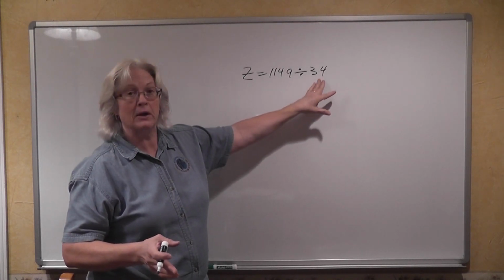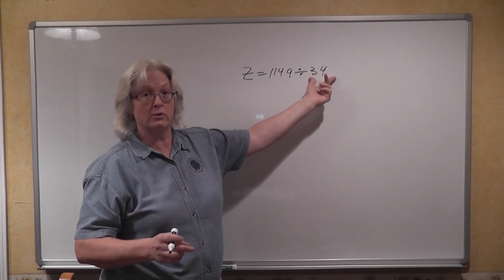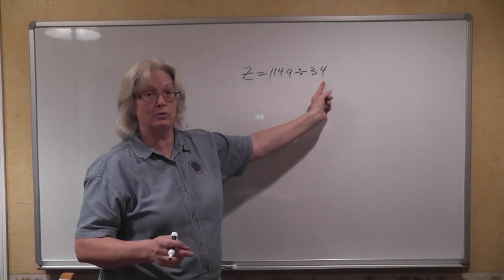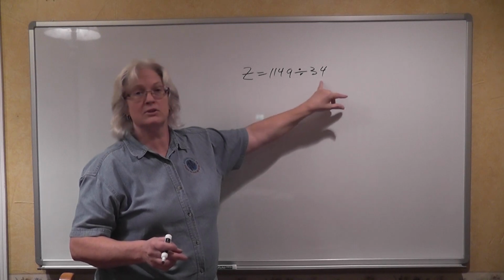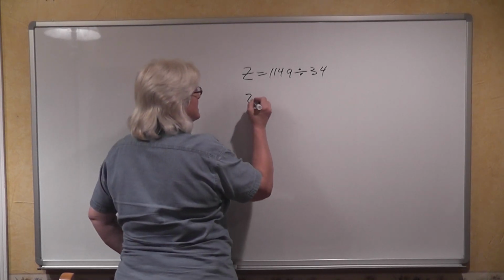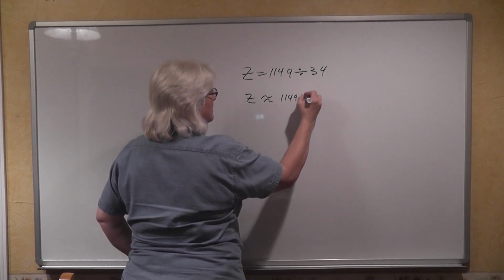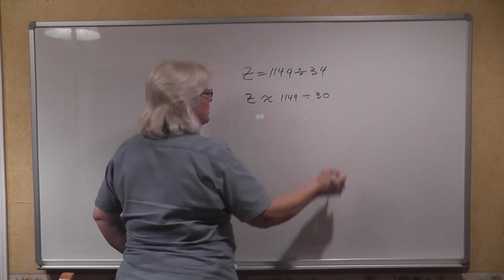And it's usually pick a compatible number for the divisor. The divisor is what you're dividing by. It's the number that comes after the division sign. Here, let's just round down to the nearest 10. So z is going to be approximately equal to 1,149 divided by 30.